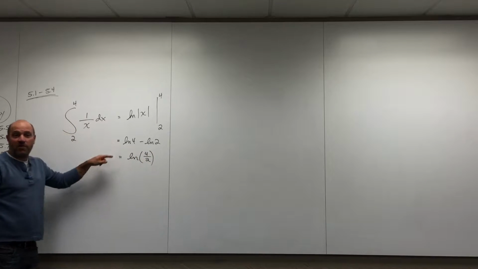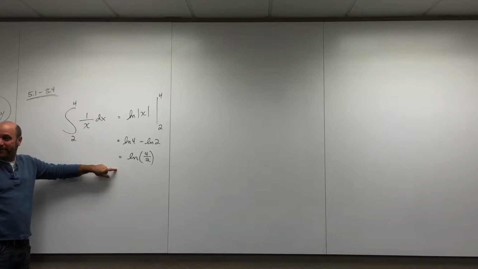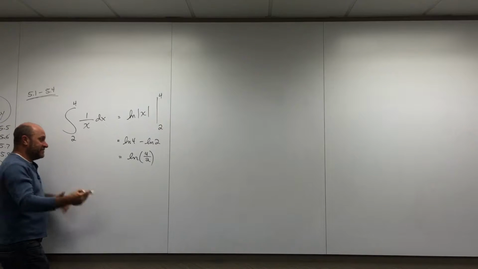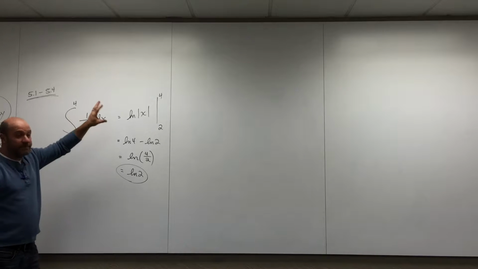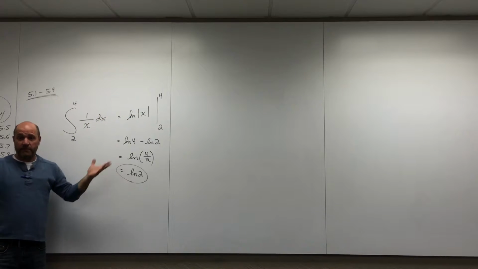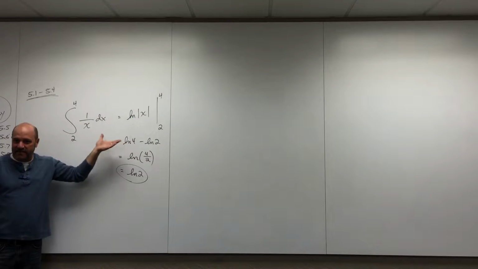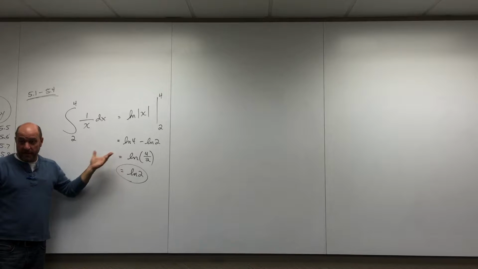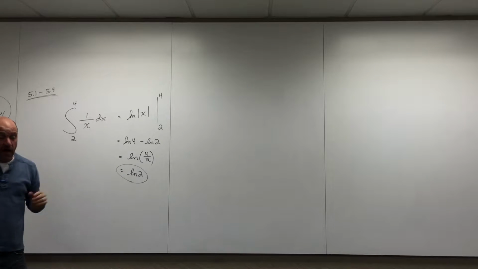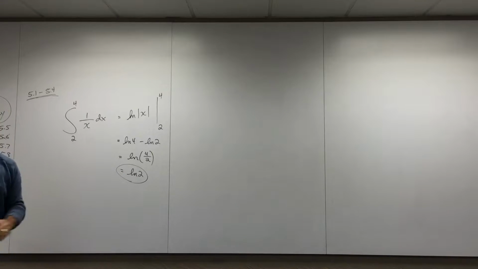That's just a log property, not necessarily calculus. And then that's the log of 2. So it's possible you could do this problem, look up the answer, and think, what happened? Whenever there are logs involved, your book might use some log properties, and your answer might look different than you thought until you realize how to use them.